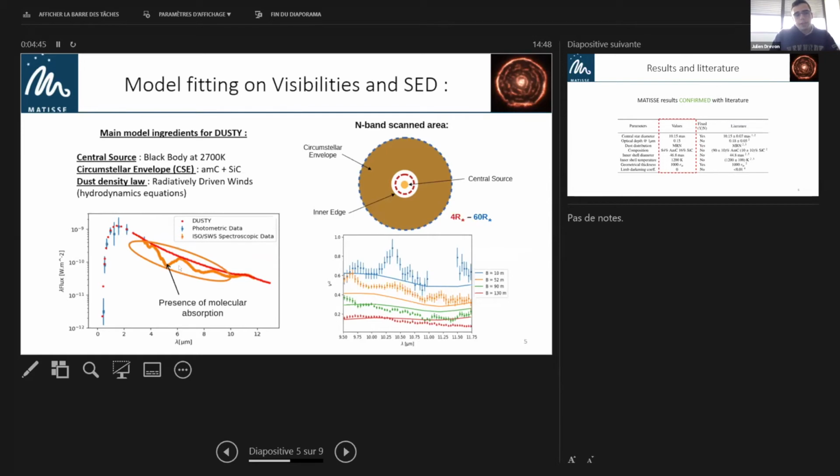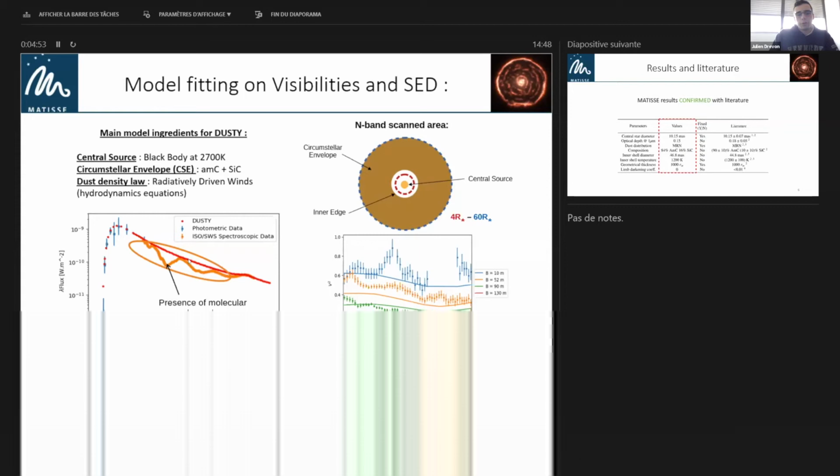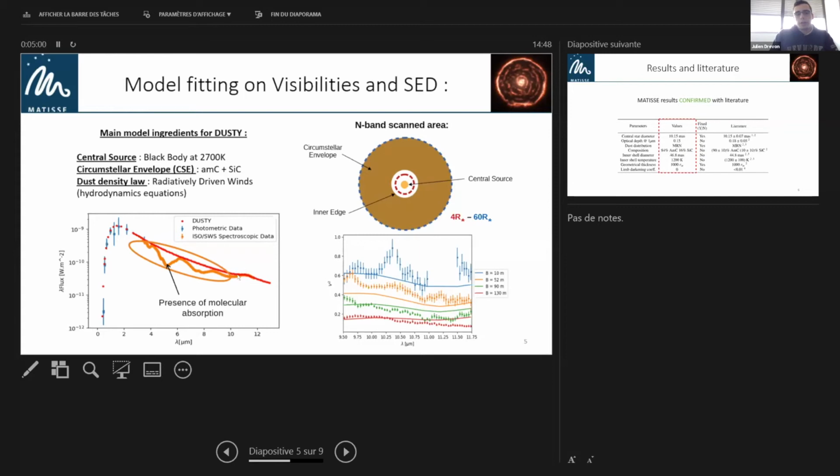But as you may see, since DUSTY doesn't handle molecules, and here you see the molecular absorption features in the ISO spectra, we only used the silicon carbide feature here in order to fit the data in addition to the photometric points.